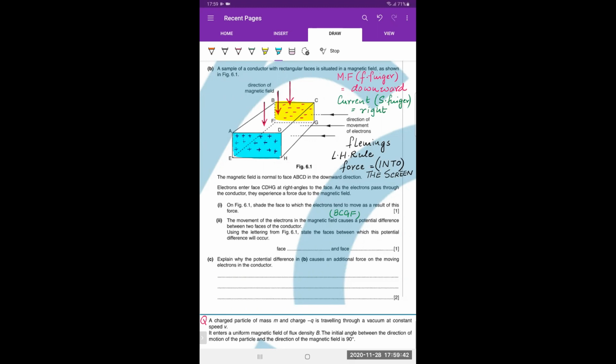The question is not asking me to highlight it with different colors. Rather, the question is just telling us to state the faces actually between which the potential difference will occur. So again, repeat kar raha hu. If accumulation of electron causes the yellow shaded side to be negatively charged, then the opposite side, the one shown with the blue marker, should show an accumulation of positive charges.